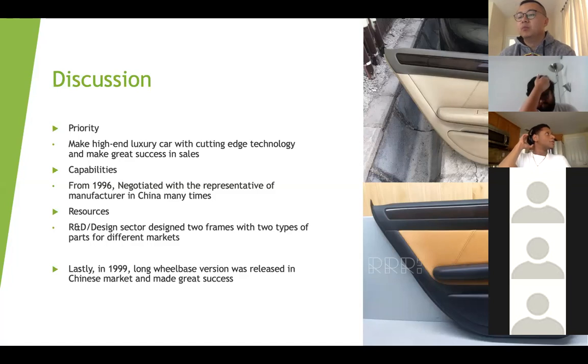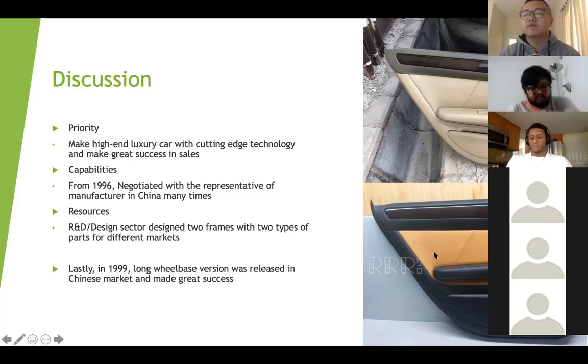But there is another sector that needs to move together, like logistics. They need different kinds of boxes, containers, or packaging for the doors, the parts, and the different frames. Also, other resources need to move together to keep every sector in the same image.